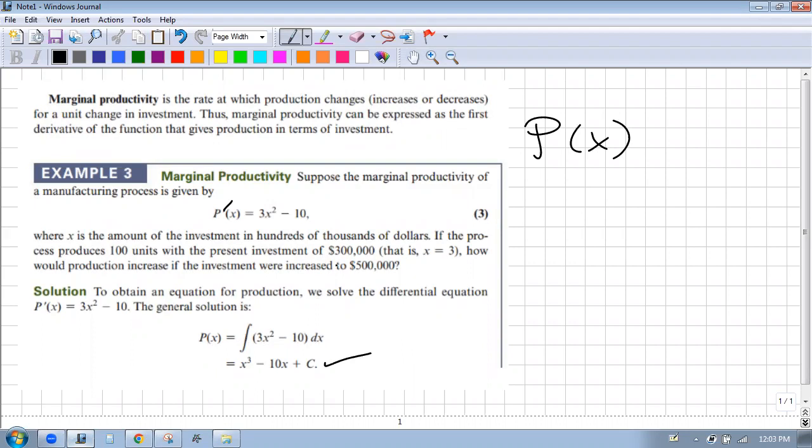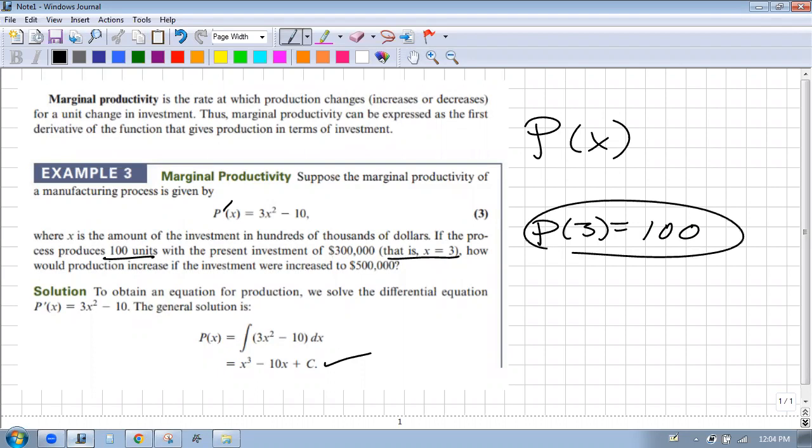Well, they tell us right here, what is this? When X is 3, they're telling us that P of 3 is 100. The process produces 100 units with the investment of $300,000. So use this to figure out what C is.